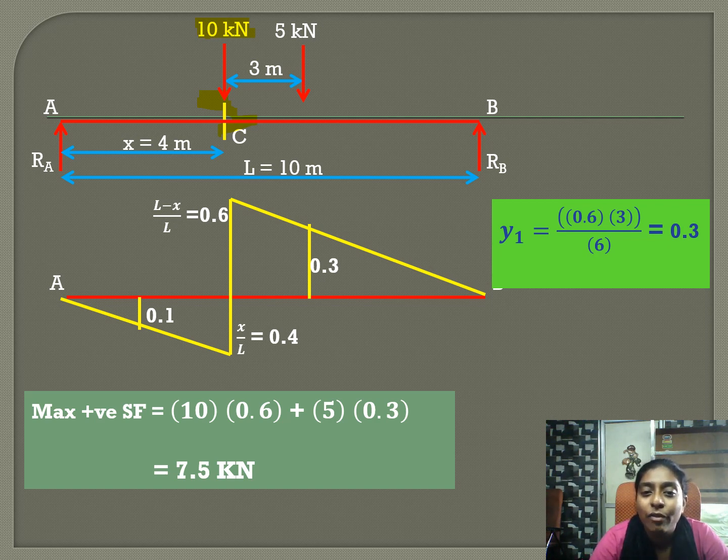So we find the ordinate under the 5 kilonewton load by applying the similar triangle principle, and that is equal to 0.3. Now the maximum positive shear force is equal to the load 10 multiplied by the ordinate 0.6 plus 5 multiplied by the ordinate 0.3. We get 7.5 kilonewton.